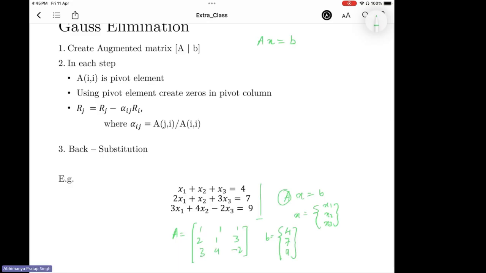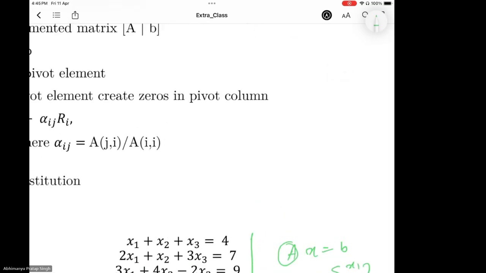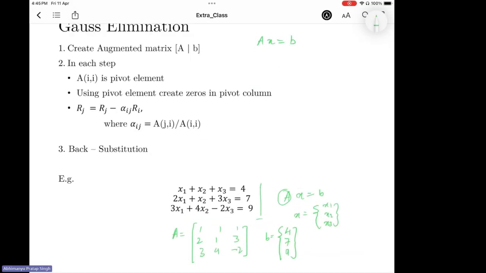Now, what we want to do in Gauss elimination is, we have Ax = b, and we want to create an augmented matrix.